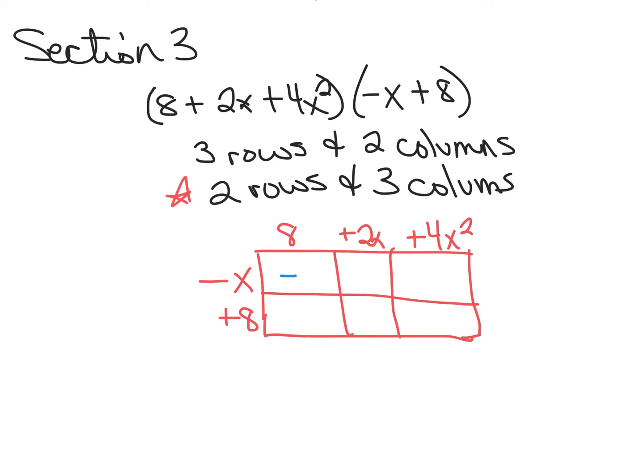And then I'm just going to multiply what's in each box. Positive 4, so that's a negative 4x cubed, because x squared times x gives me x cubed. I get 64 here, I get 16x, and I get 32x squared.